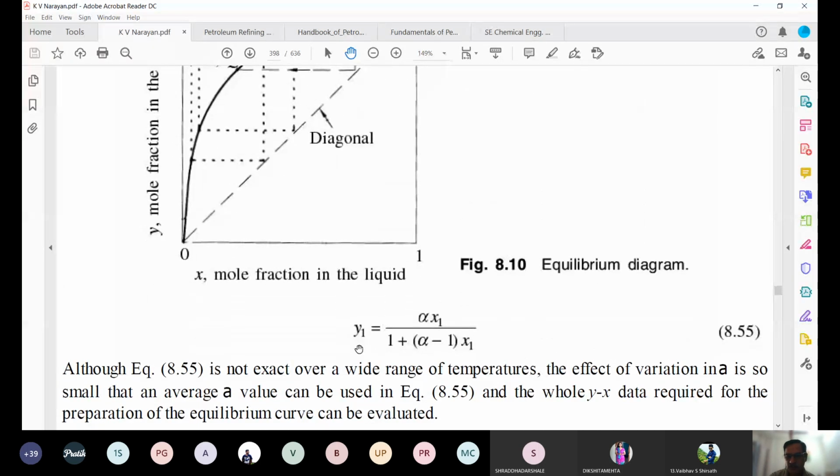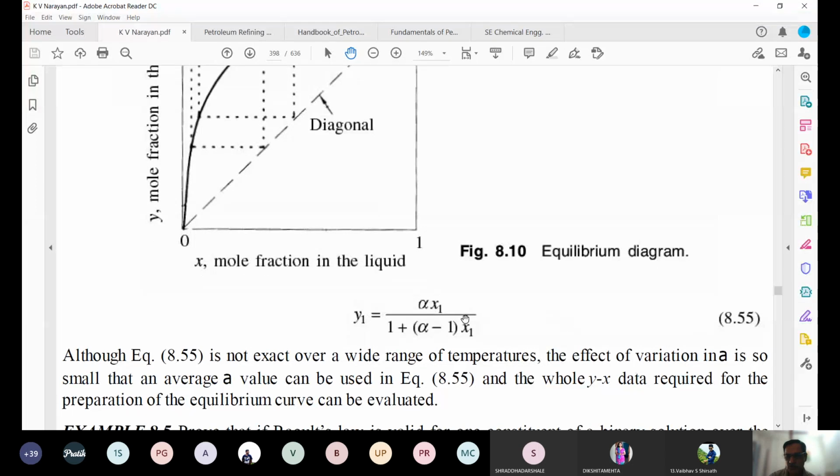Then use it in this equation 8.55. Once you know the average alpha, you can select any value of x1 between 0 and 1 and find y1. Is this understood now?